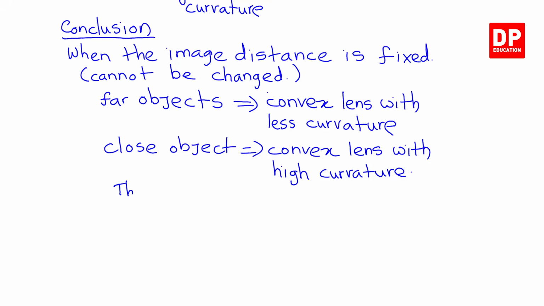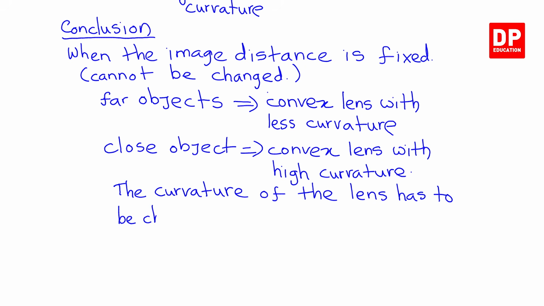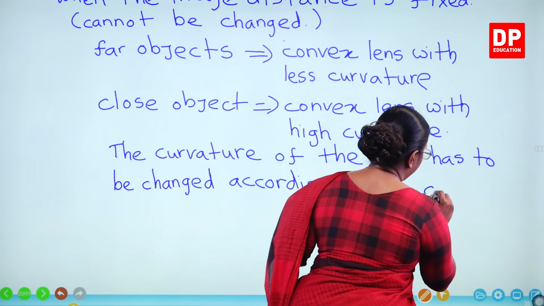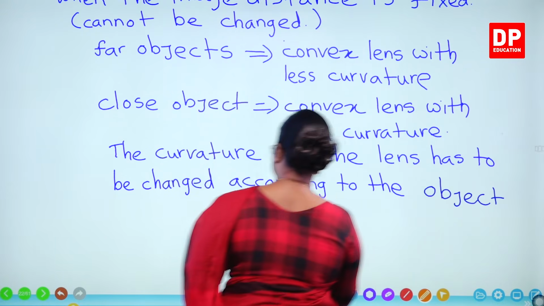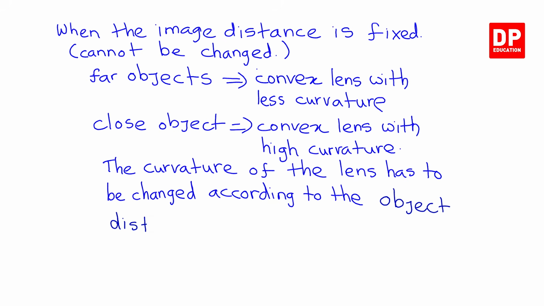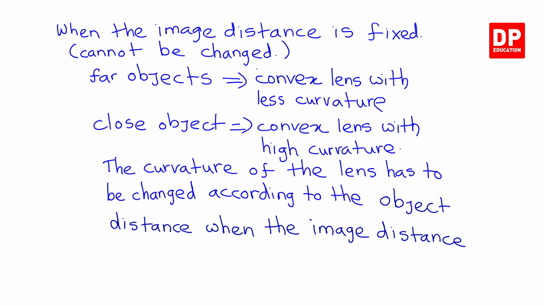So here we can say the curvature of the lens has to be changed according to the object distance when the image distance is fixed.